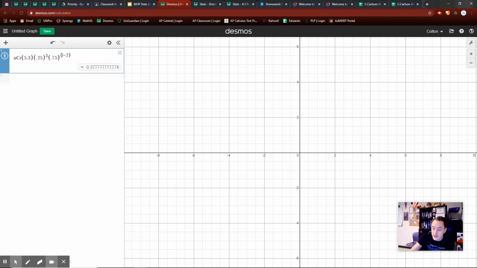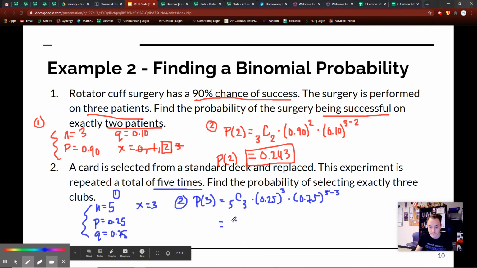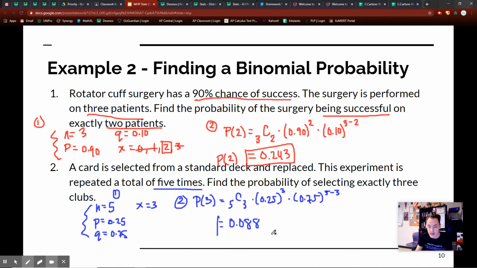And then I need to make sure that this is 5. And that is 3. So my answer is 0.087 or 0.088. That is my answer. 0.088. So about 8%. Awesome.